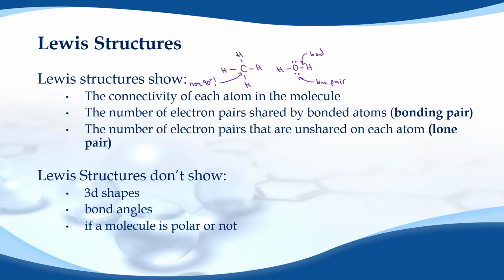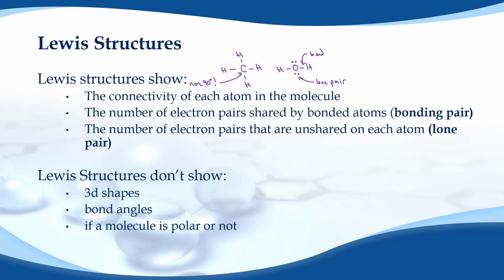Right? So it doesn't show 3-dimensional shape. It doesn't show bond angle. It also won't show you the distribution of electrical charge in a molecule. So it won't show you whether the molecule has a positive side and a negative side, or what's called being polar. We'll cover how to do that a little bit later.